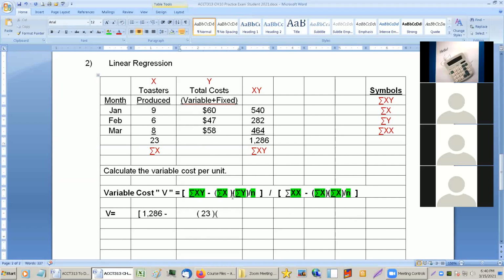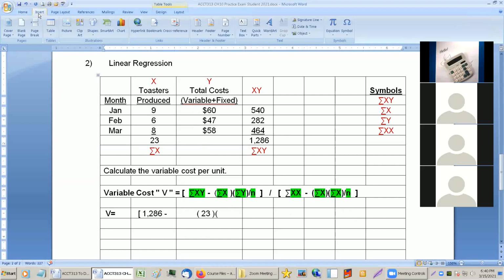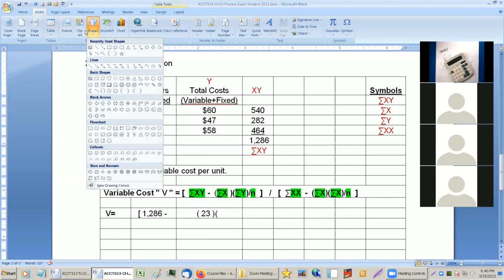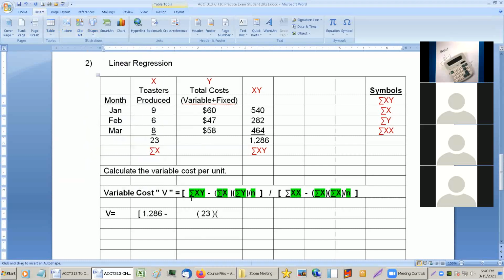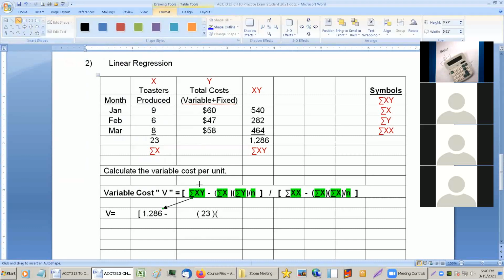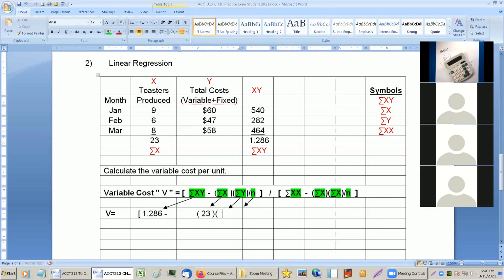Okay, so that's the sum of the x. Okay, summation of y. So just add up the y's.